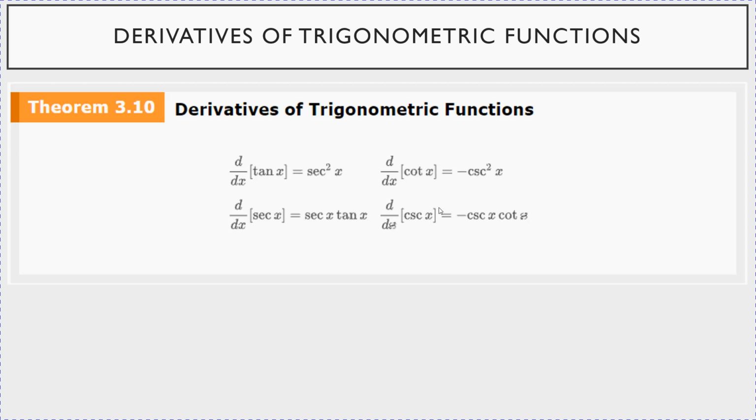And a little bit of a typo here, but this is the derivative with respect to x of cosecant of x, which is equal to minus cosecant of x times cotangent of x. Now look, the proof of this one is in your text. So let me do this proof on the next slide, so you can see how this is solved.